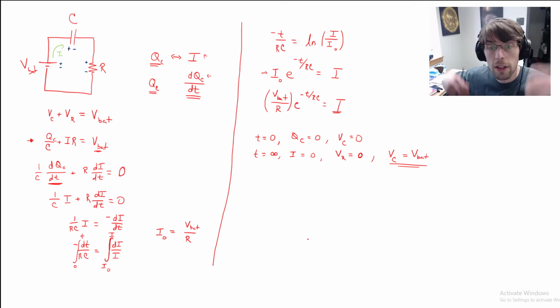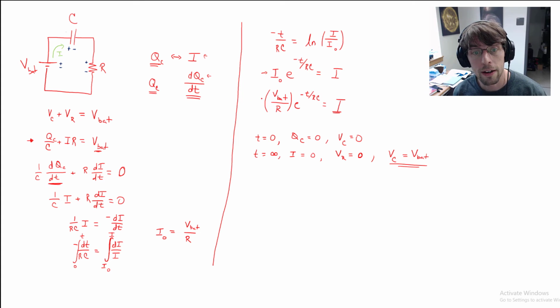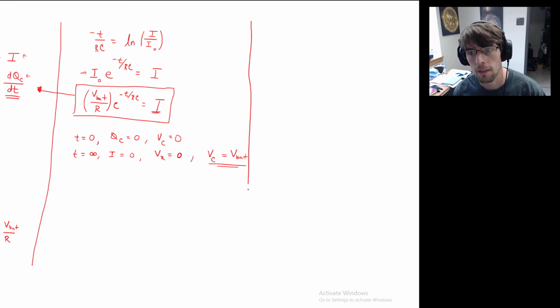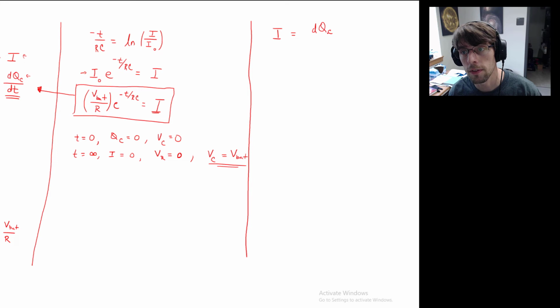Okay, well, let's go ahead. Now that we have an equation giving us the current through the circuit, let's go ahead and find what the charge on the capacitor is. Let's find the charge as a function of time on the capacitor. Well, we have that I is equal to the time derivative of the capacitor charge. So let's go ahead.